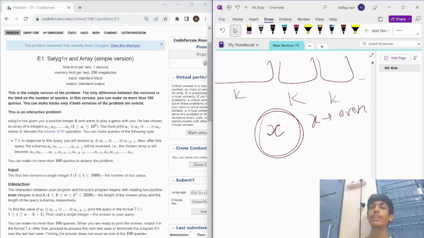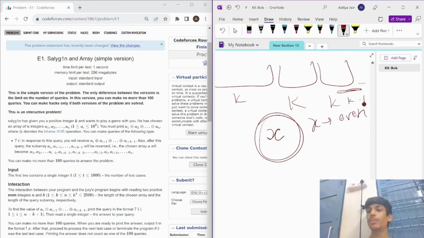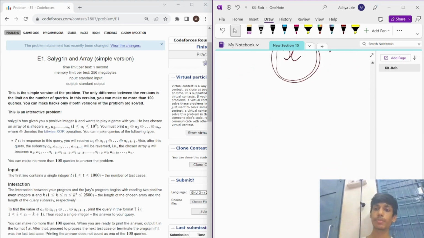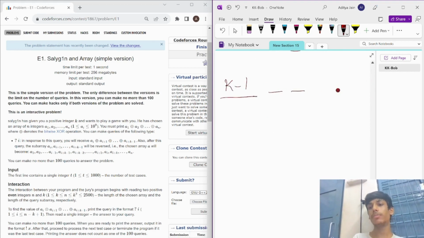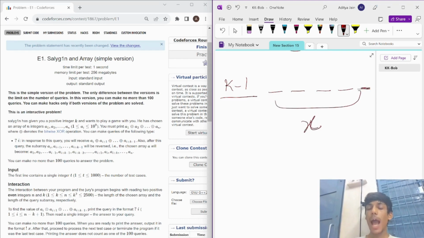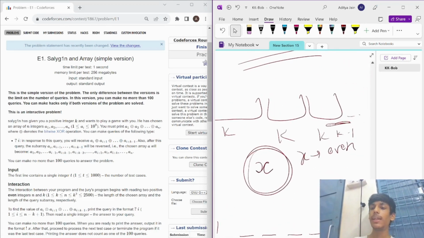So what you will do is, suppose this was the last segment, you will consider the k minus 1 elements of this segment. So you consider the k minus 1 elements of this segment, and you have x elements over here. I have the XOR of all the elements before that, there are x elements left now.